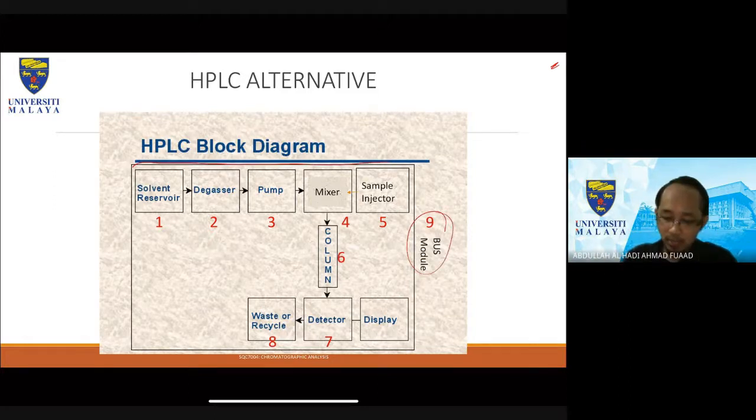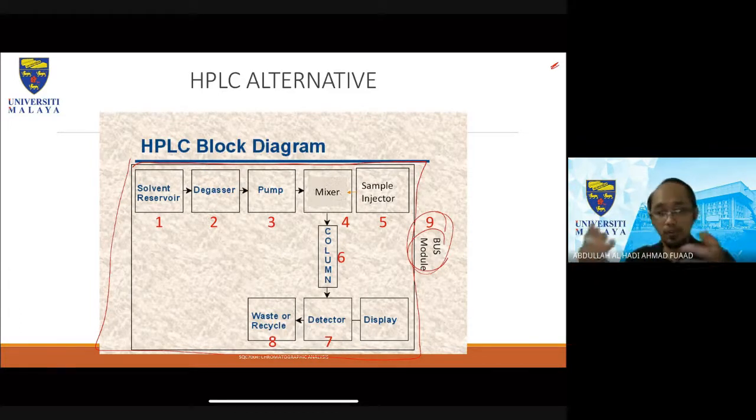That's why I have a big box at the outer ring of the whole system, listed down as bus module. The bus module is part of the major components, because without it, each module is not able to talk to one another. Therefore, you will not get your HPLC set up, so to say.